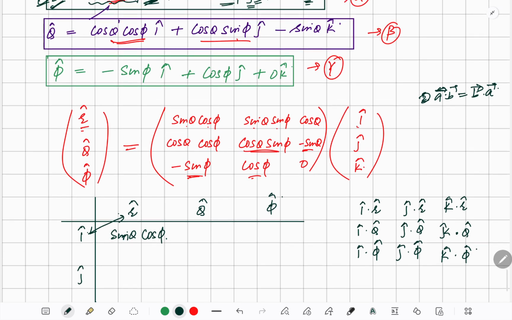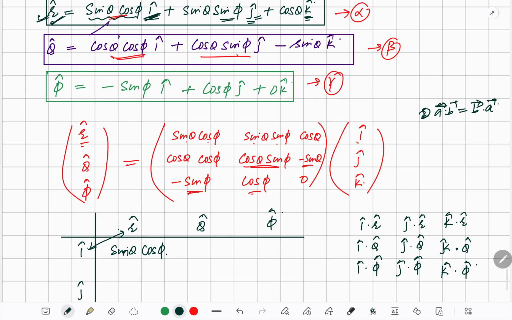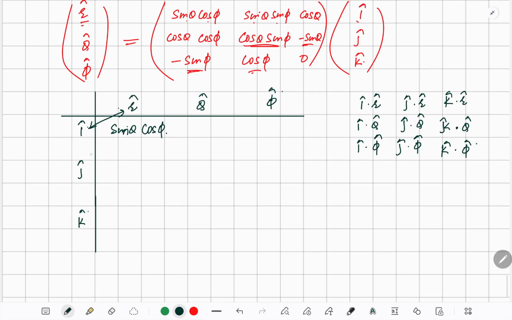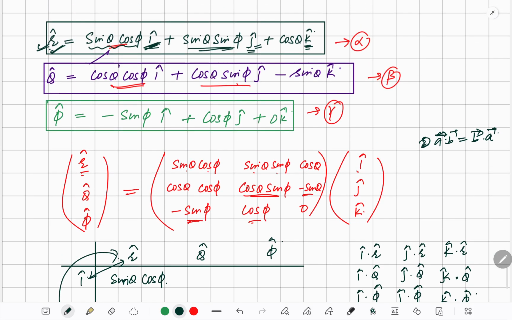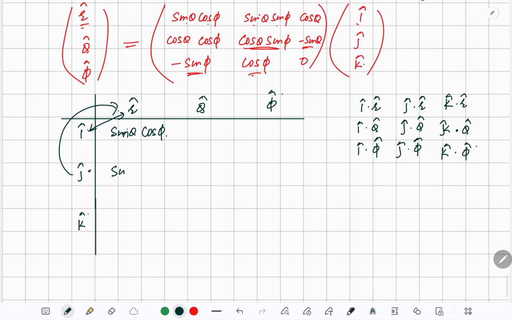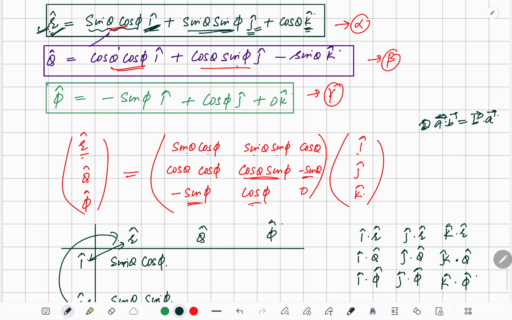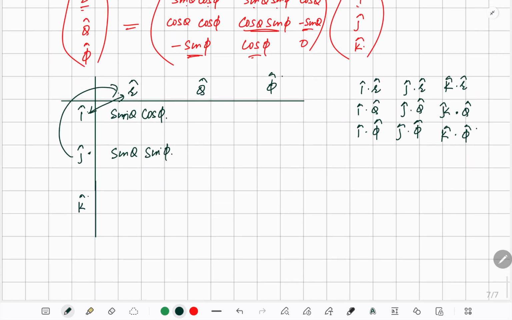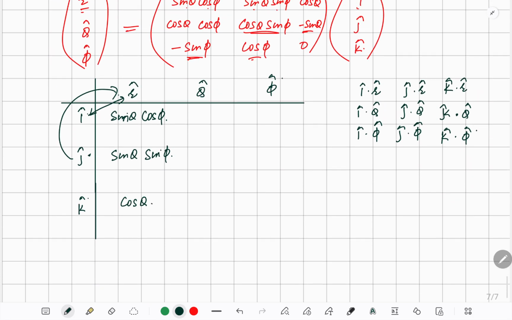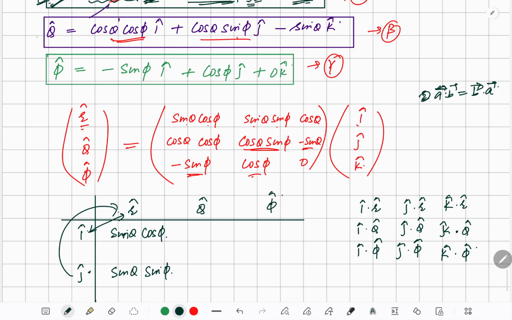Similarly, r cap dot j cap is sine theta sine phi, and similarly r cap dot k cap, or k cap dot r cap, is cos theta. Similarly, from the second one, i cap dot theta cap is cos theta cos phi.